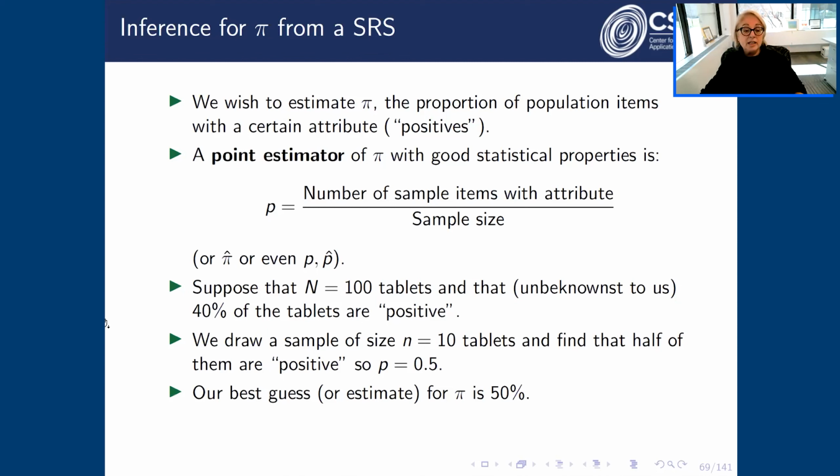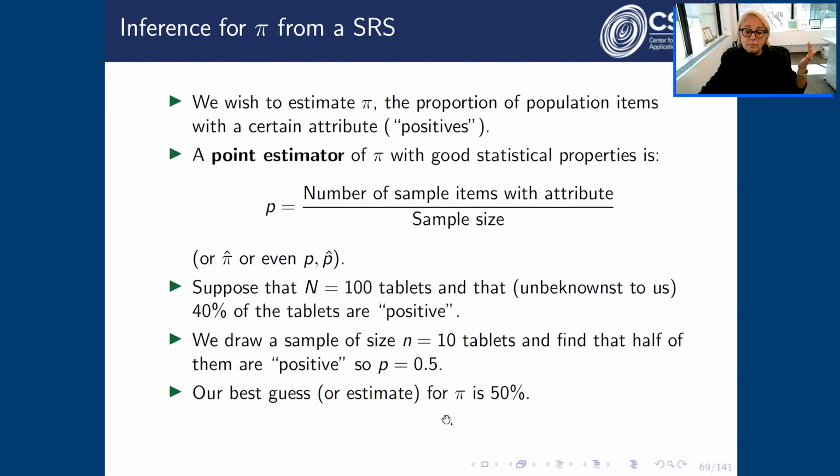So here, 0.4 is pi, and pi, of course, is unknown to us unless we were to analyze every one of those 100 tablets. But let's suppose we draw a sample of size 10, and in this case, we just use a simple random sample. And let's suppose that I analyze those 10 tablets, and I find that 5 of those contain some illicit substance, and 5 of them don't.